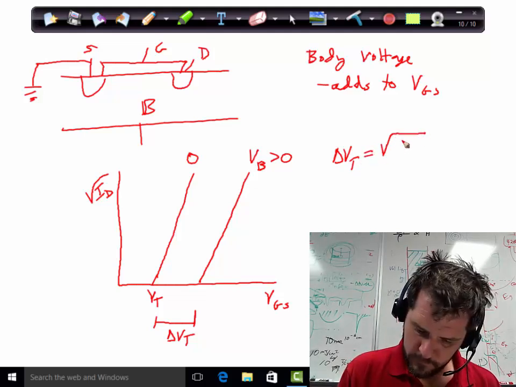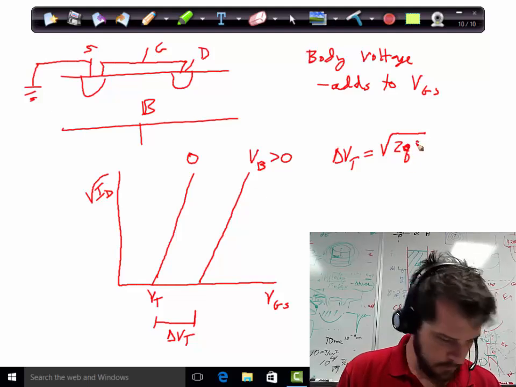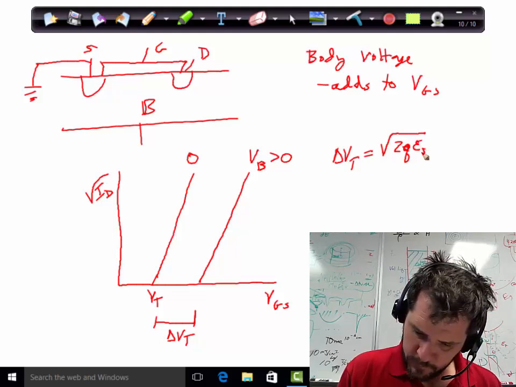So square root of 2 times the electron charge times the dielectric constant of the semiconductor times the doping.